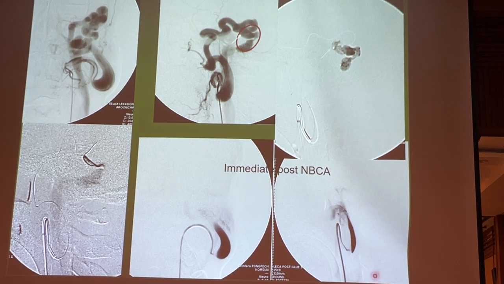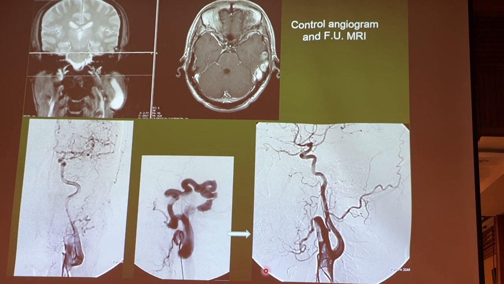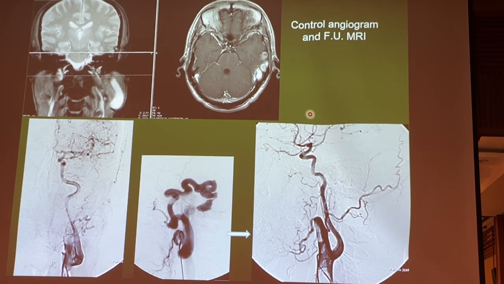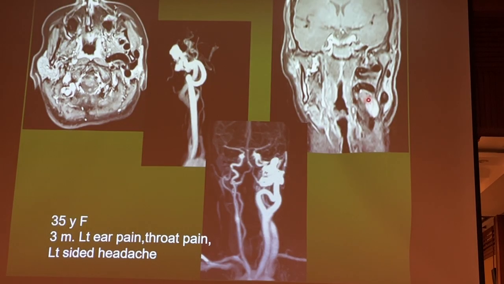This is the immediate control angiogram. For sure you have some kind of stagnation. And this is how the MRI will be seen as a thrombus part of the lesion, and normal venous drainage or the fistula can be seen. Again, we just found this referred to us. It was a nice non-invasive imaging type of thing. You see clearly this is the maxillary artery opening to the large venous pouch finally draining into the jugular venous system.